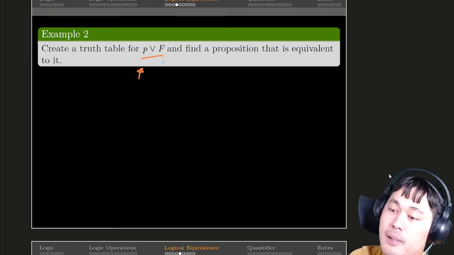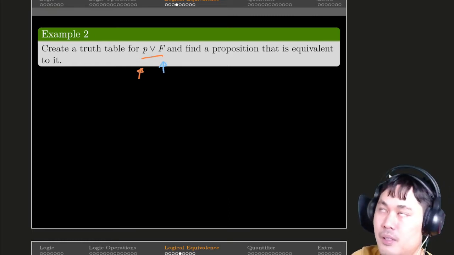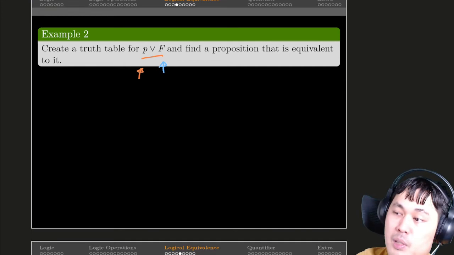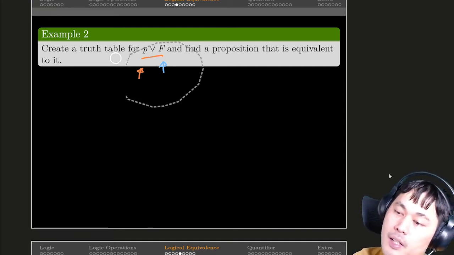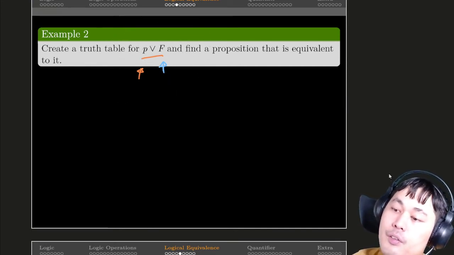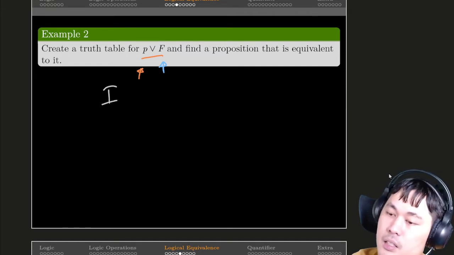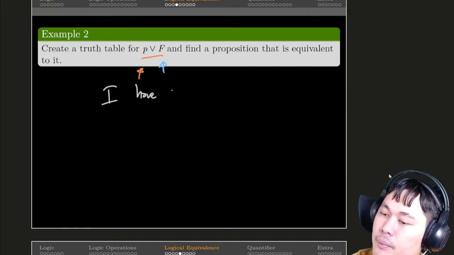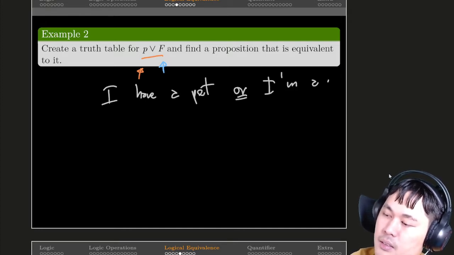But the latter part is false. It means it's a statement that we know to be false for sure. For instance, this statement might be I have a pet or I am a millionaire.